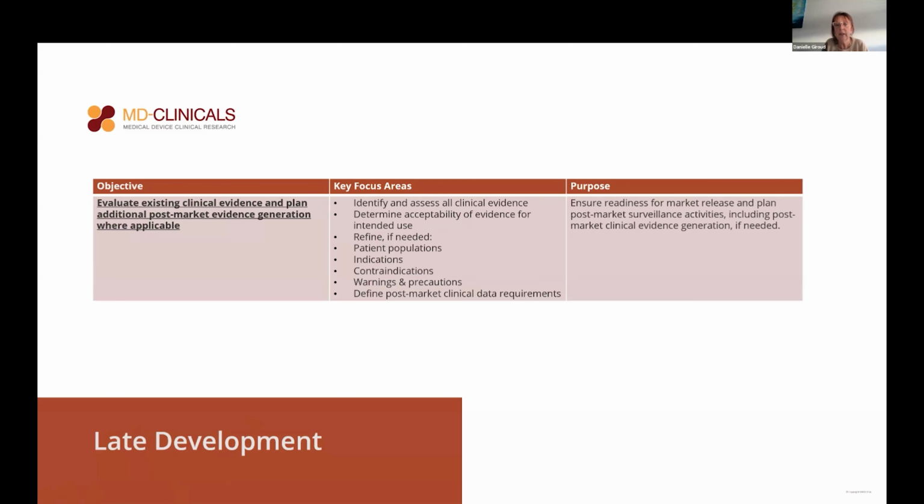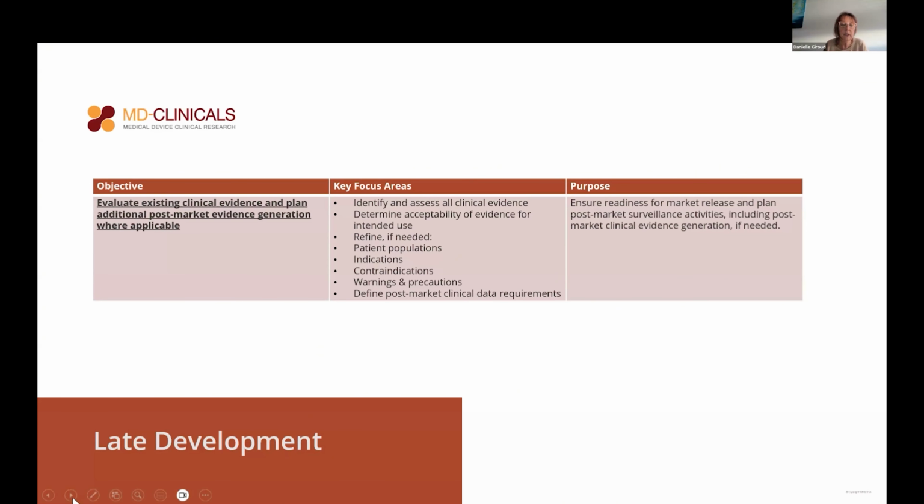We know a lot about the device. We are generating this clinical evidence on a specific patient population, with specific claims that were developed, with specific indications, contraindications, and so on. So we really want to document that clinical evidence to ensure readiness for market release, and then plan the post-market surveillance activities.